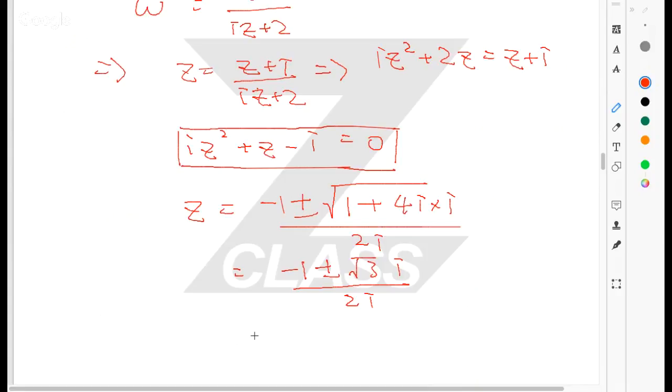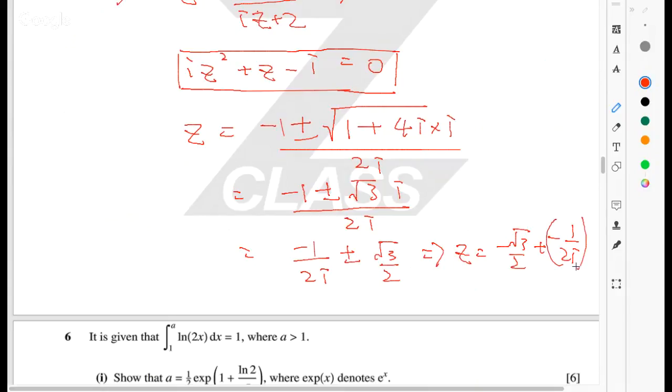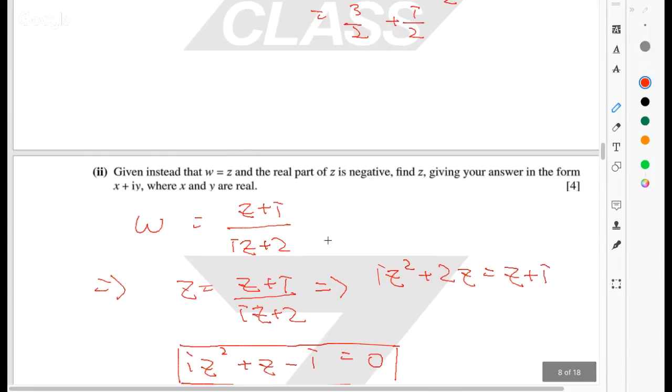And because we're told that the real part is negative, and because we can cancel out the i on the second part of the answer, we have to choose the negative root. So that will be z is equal to minus root 3 over 2 plus minus 1 over 2i. You can simplify the second expression further to get a half i, which is closer to the form in the question.